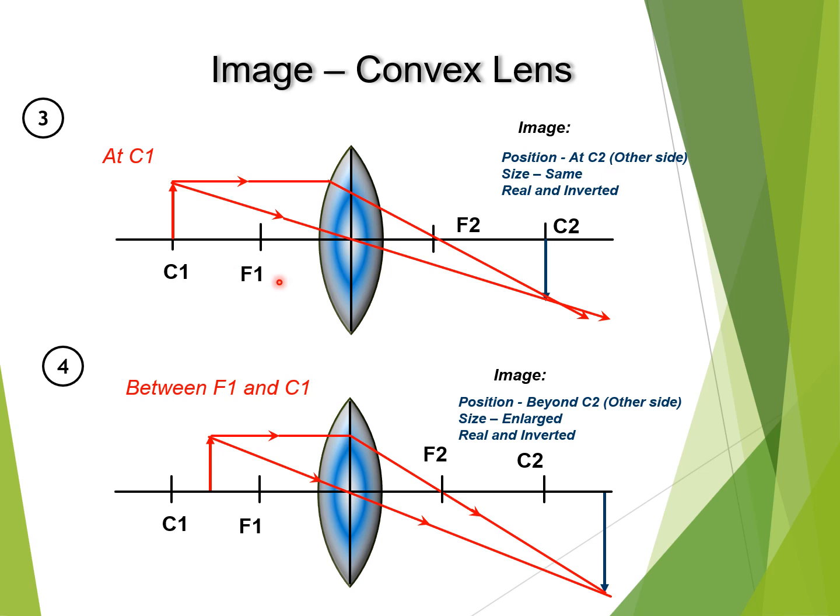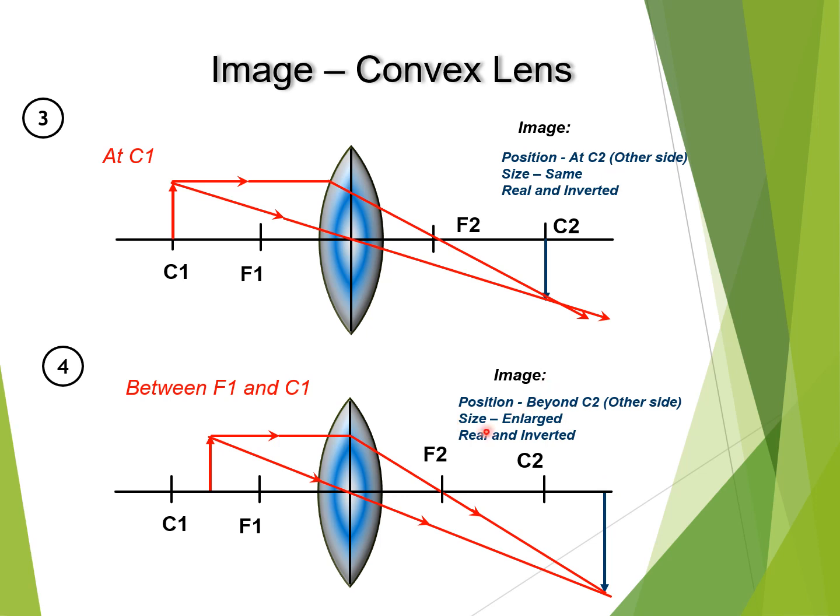Now we further move closer to the lens. Now we are between C1 and F1, between focus and center of curvature. Again, two rays will go from the object, one parallel to the main axis passing through the focus point, the second through the optical center. Now these two refracted rays shall be meeting after the center of curvature on the other side, and the object size is now bigger.